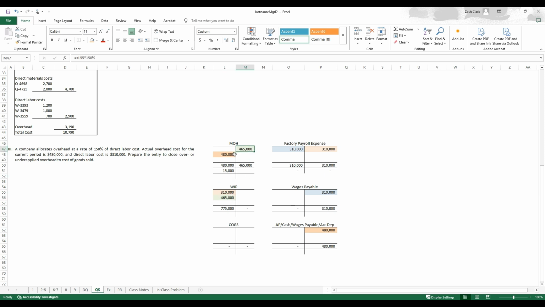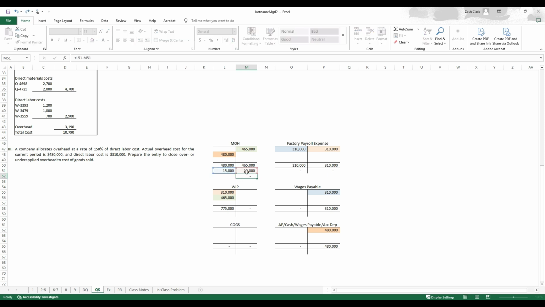But in reality, the actual cost that we paid here, so this is payments essentially, into overhead was $480,000. So we estimated our costs a little bit too low, unfortunately, and so we might need to bump that rate up in the future. And what we need to do then to clear this out at the end of the period, this $15,000 little residual amount, is we need to credit manufacturing overhead here for $15,000, and then that basically just takes us to zero in overhead, which is what we want.